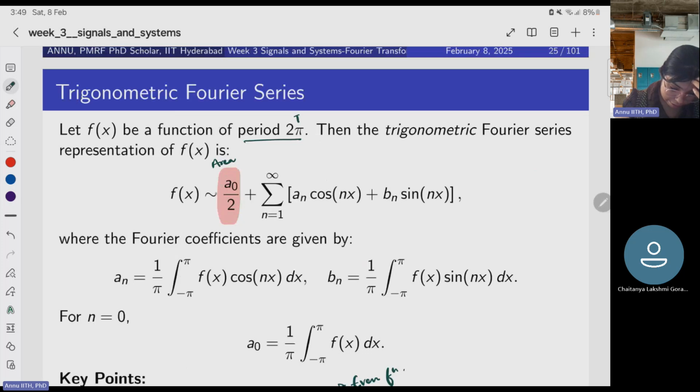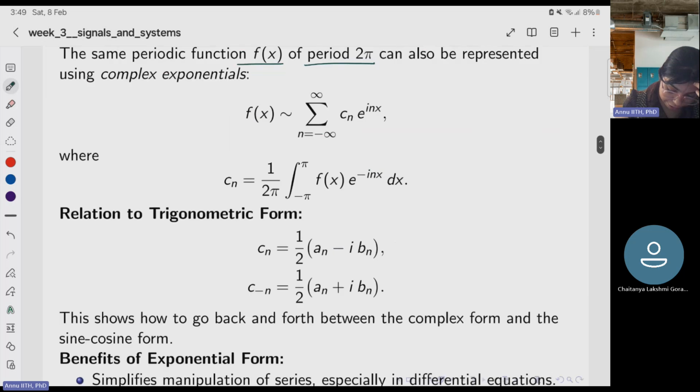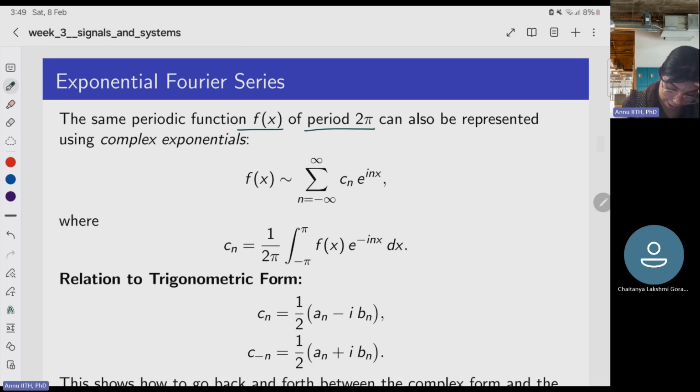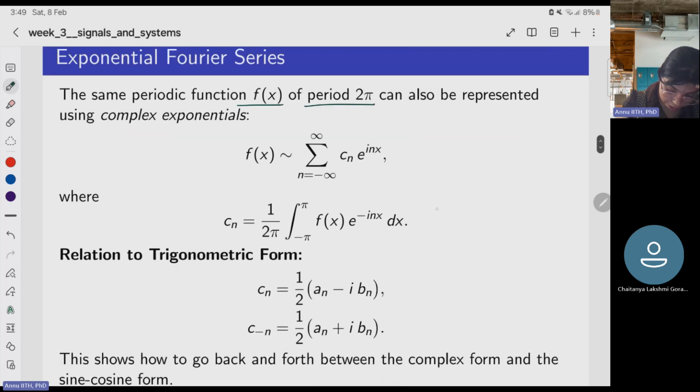Here it is 1 to infinity, and 2 by T is common everywhere, and a naught by 2 is there. But here it is minus infinity to infinity, as Cn is nothing but the integration of f(x) e power minus i n x dx over one period.